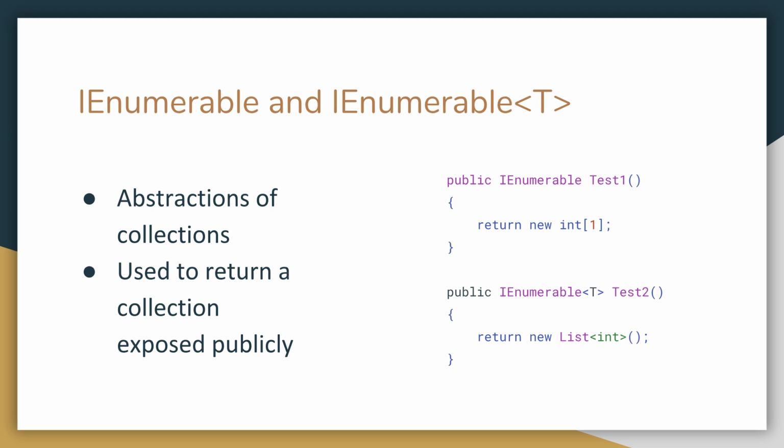Because we would like the developer to decide what is the best collection for him to work with. For example, if I need semantics of a list, I will convert my enumerable to a list.